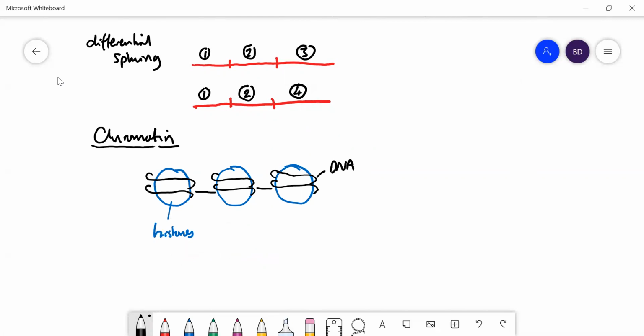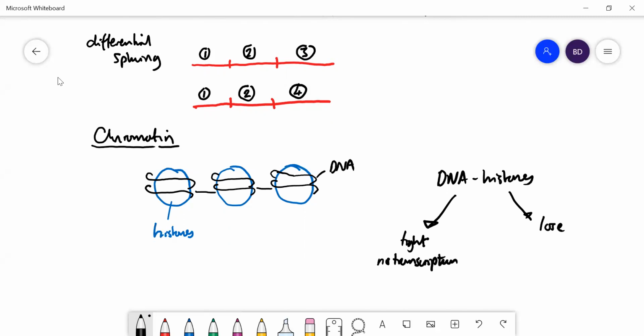Now the histones and the DNA can be combined either in quite a tight association, or it can be looser. Now, if it's tight, it means that you don't get much transcription, so the gene is switched off.